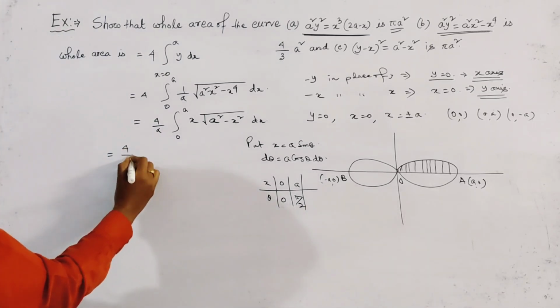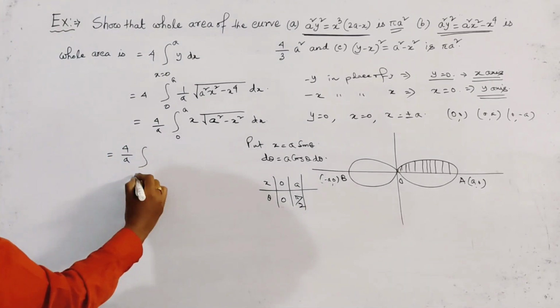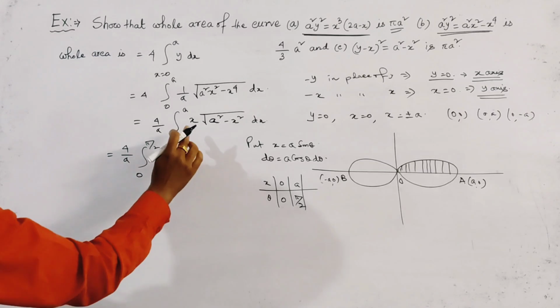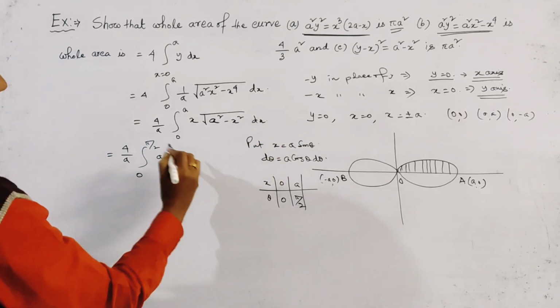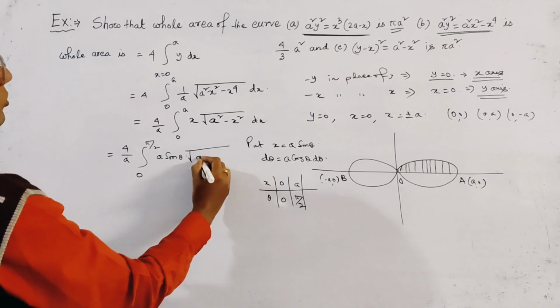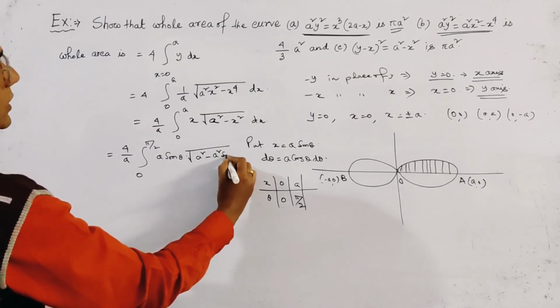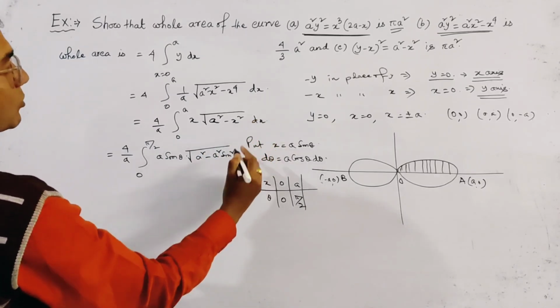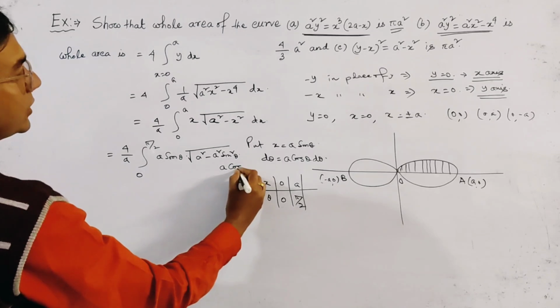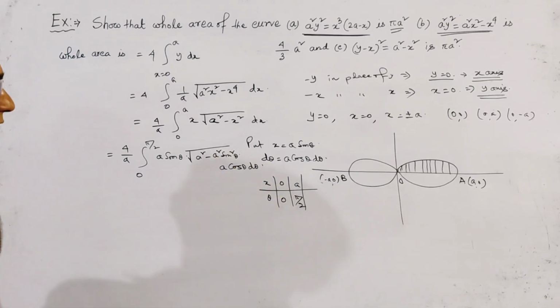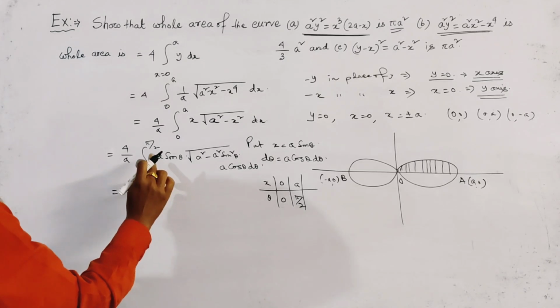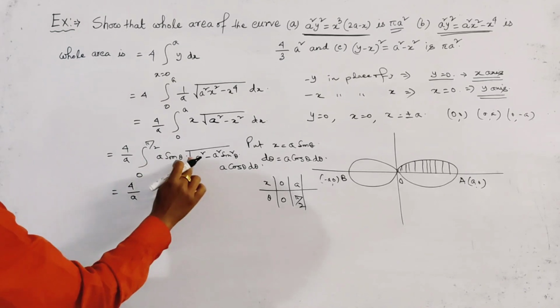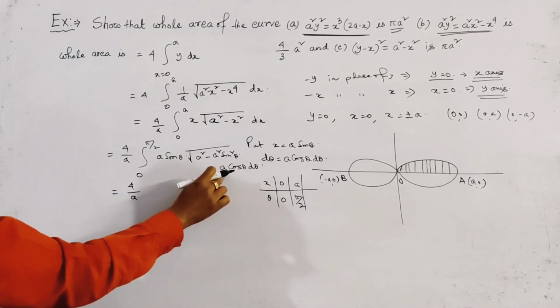So we get 4 by a into integration 0 to pi by 2. Putting the value of x, this is a sin theta, and from here we get a square minus a square sin square theta, and from dx we get a cos theta d theta. From here we get a, we also get a, and here also a.